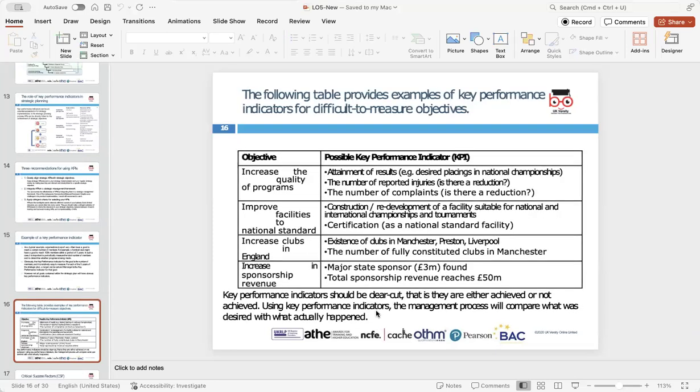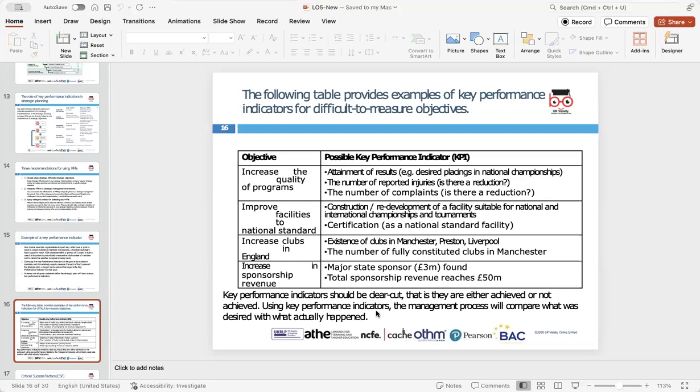Okay, here are difficult to measure objectives and their KPIs. When dealing with objectives that are difficult to quantify, it becomes essential to identify appropriate KPIs. The following examples demonstrate how to assign KPIs for such objectives.